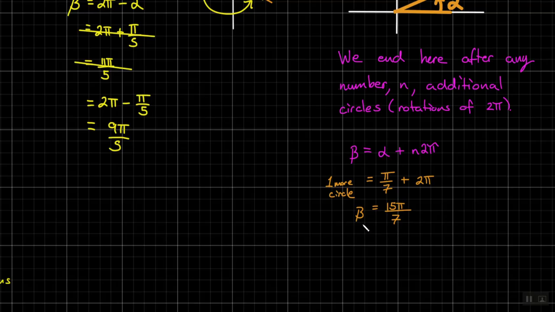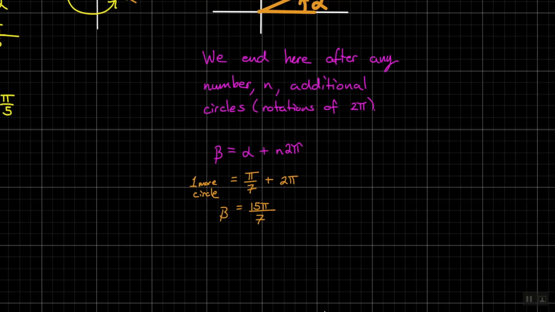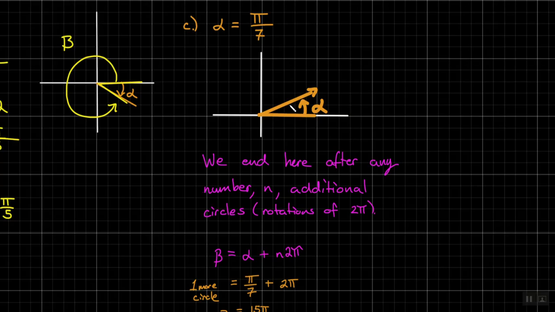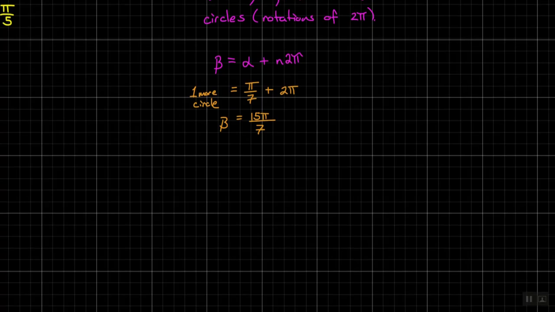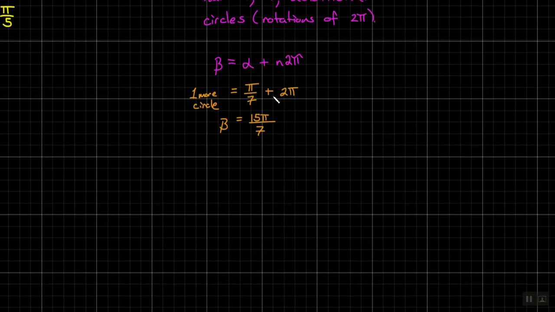Is this the only angle beta that exists? No. If I said, and we'll just work this here, and I'm going to add a little bit to this. This is a positive beta, and that's okay. Could we do a negative beta and still end up at the same spot? Like, and just to show it, the one that we just found, it says start here, and we'll just go this direction to make sure we have the same angle being formed, and we do have the same sides of our angle. We could have gone the other direction, though. If I wanted to go in the negative direction, instead of adding 2 pi, what would I have done?